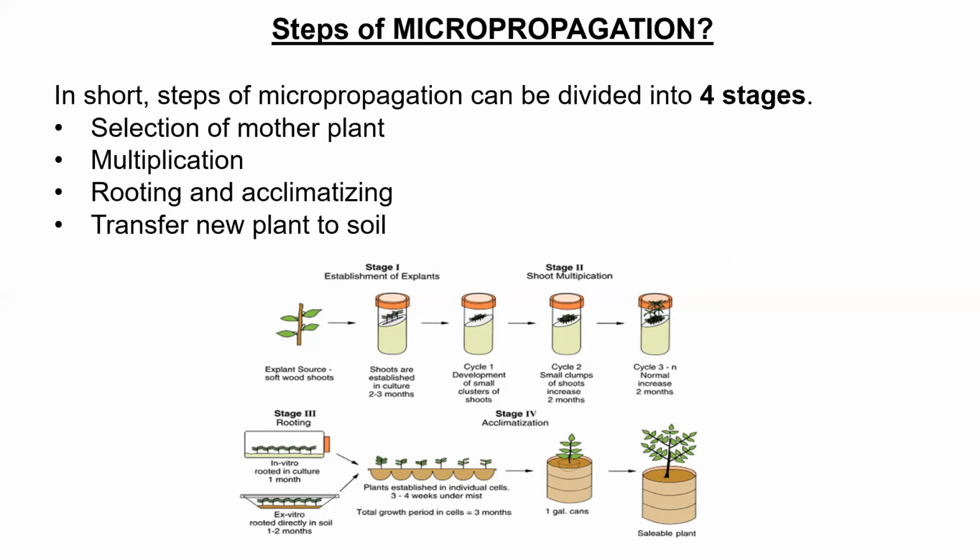And these transgenic plants, for example, one of the best examples of transgenic plants is BT crops. The BT is coming from Bacillus thuringiensis, from where the toxin gene has been cloned into the plants through a Ti plasmid vector. So micropropagation is a type of plant tissue culture because there are other types of plant tissue cultures.